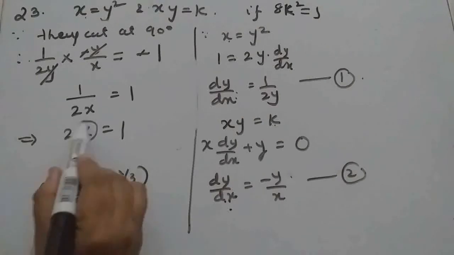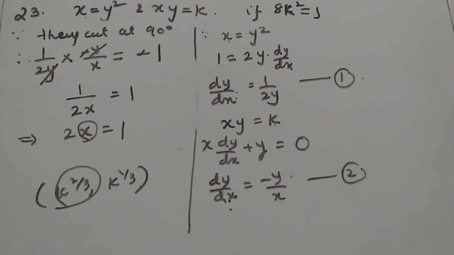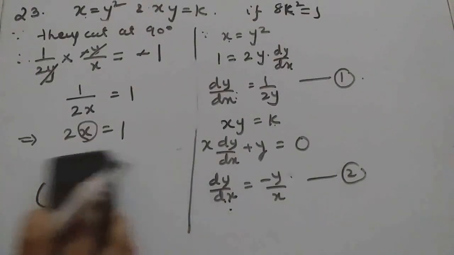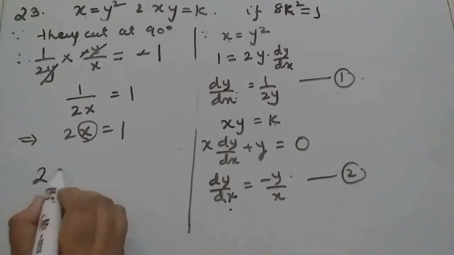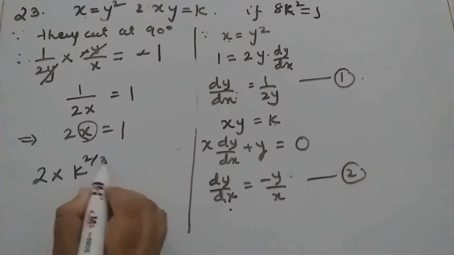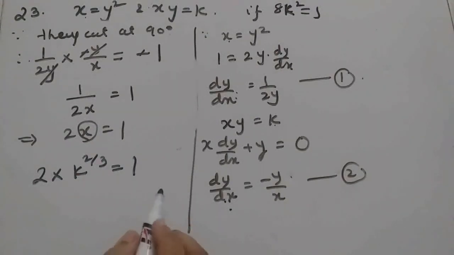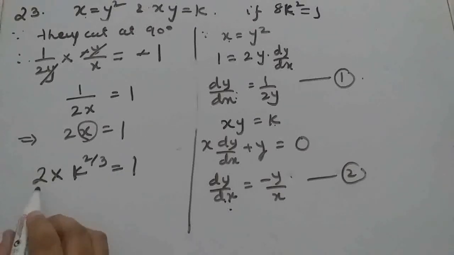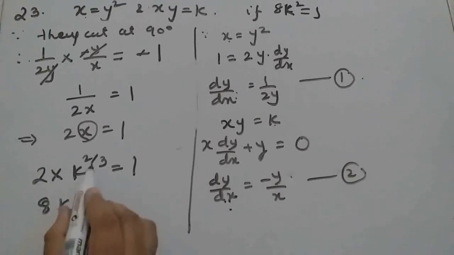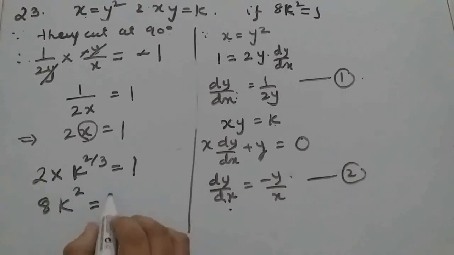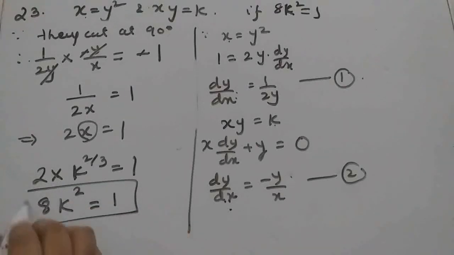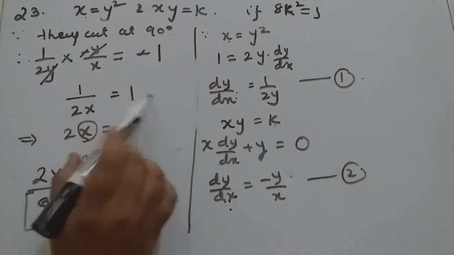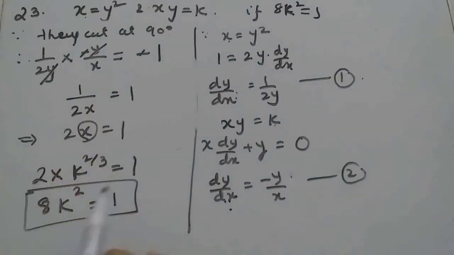But what is the x value? We will substitute. The x value is k power 2 by 3, so 2 k power 2 by 3 equal to 1. Taking cube on both sides, 2 cube means 8, k square will remain, and here 1 cube means 1. So the product of these two slopes equals minus 1 if this condition holds true.